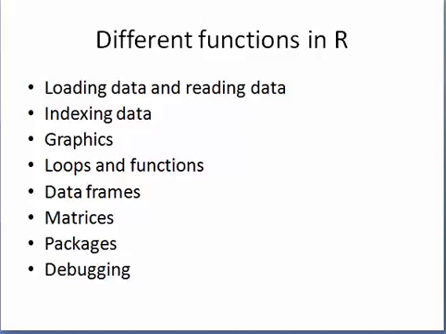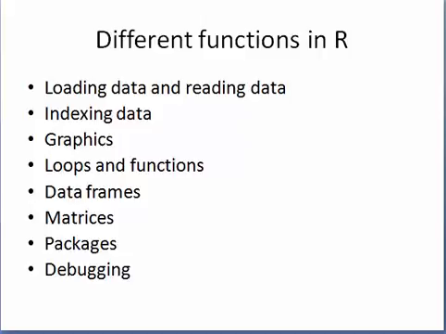Once this data is loaded, it is read. Then a different function like indexing. Indexing a data set would be like, from the entire data set, a part of the data is taken and analyzed, or a function is applied to a part of the data.